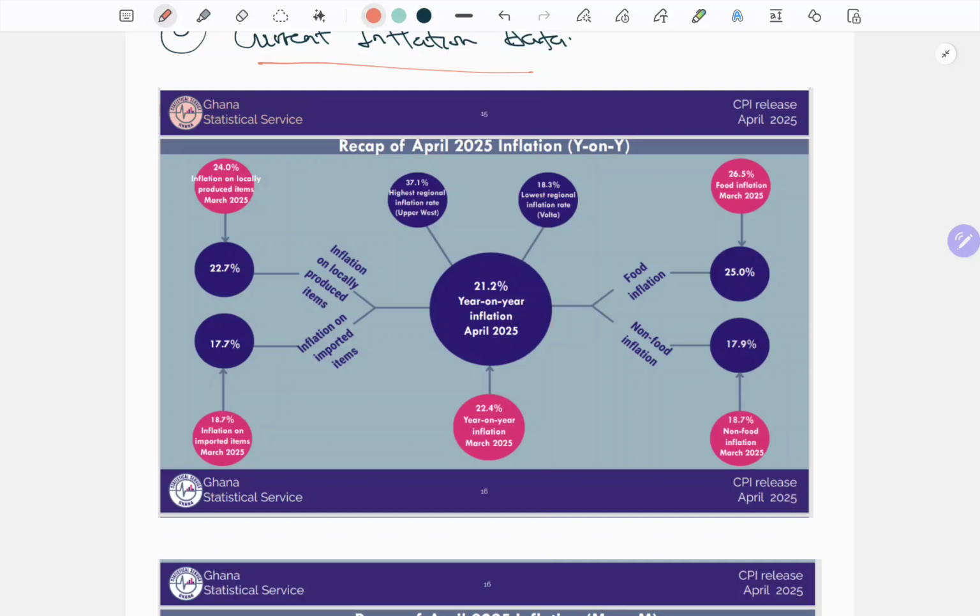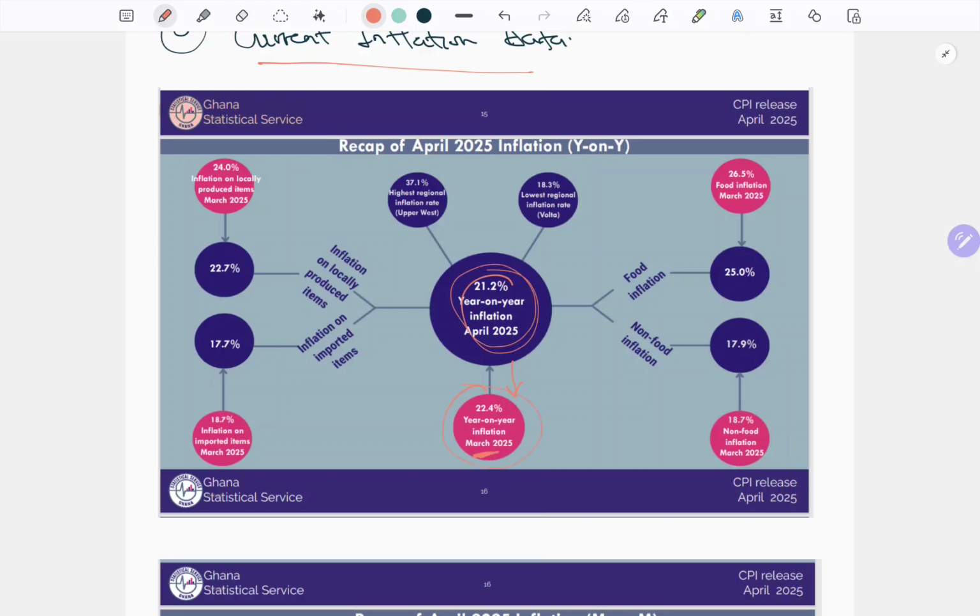Now what we see here is the overall year-on-year inflation which we computed. So comparing April 2024 to April 2025, we are saying prices of goods and services purchased rose by 21.2%, right? Now let's compare this to the previous month, which was March, where if you compare March 24 and March 25, prices of goods rose by 22.4%.